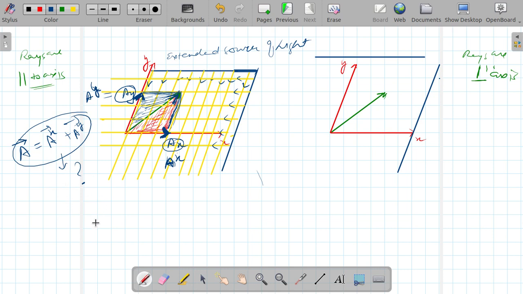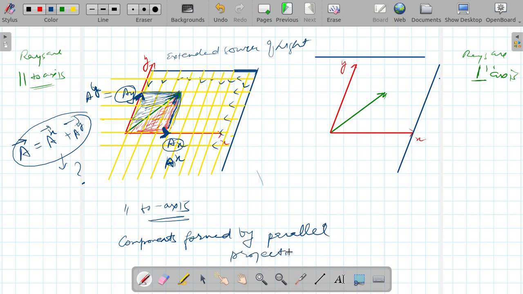So in parallel projection, when the light is coming parallel to the axis, the components formed by parallel projection add to give the vector.